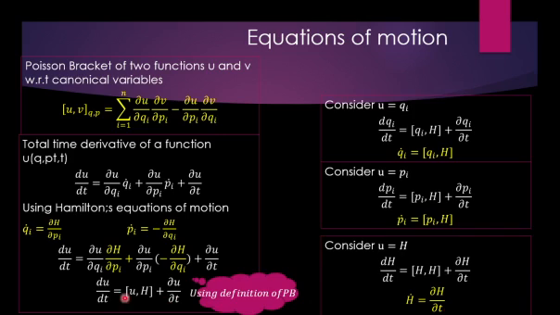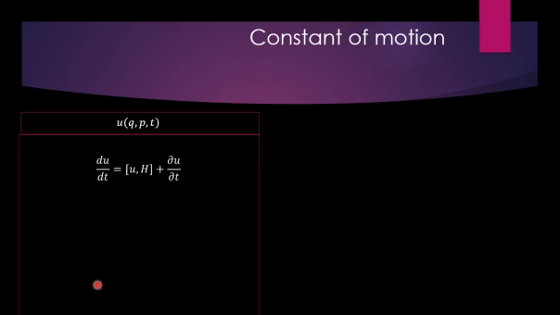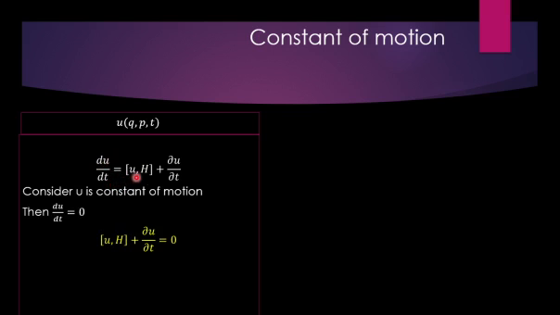Another fact that is observed from this is the total time derivative of any function. You have a function which is dependent upon the canonical variables and time t, and if you take the total time derivative, you have the expression as the Poisson bracket of u with H plus ∂u/∂t. So if the function is a constant of motion, then du/dt will be equal to 0, which implies the Poisson bracket of u with H plus ∂u/∂t will be equal to 0.